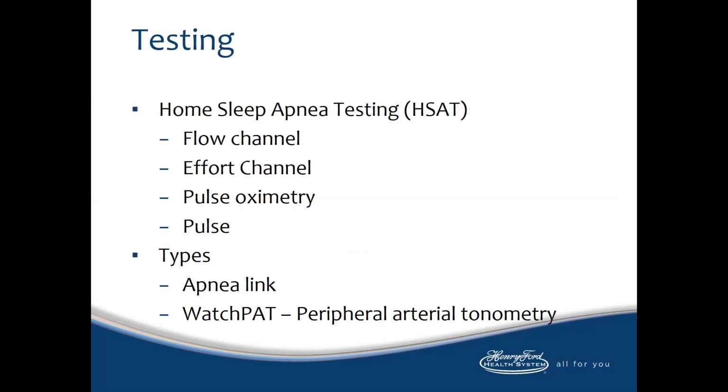So the home sleep test itself usually just consists of that flow channel and effort channel, a pulse ox, and then their heart rate. There are 2 different types of that, the ApneaLink, which has wires to a device, and then a WatchPAT, which is on the wrist, kind of like a watch. It monitors the peripheral arterial tonometry, looking for a stimulus from the event itself.